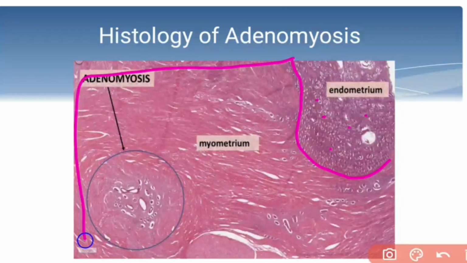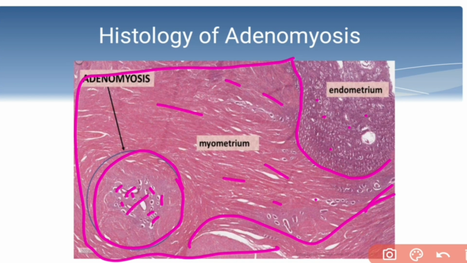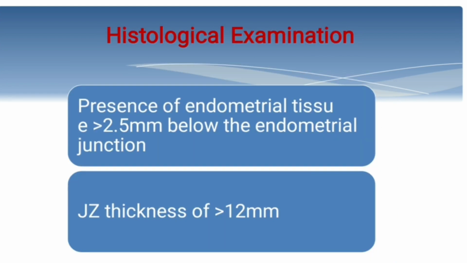This whole area is the myometrium, containing the muscle layer of the uterus, and there is presence of ectopic endometrial gland and stroma in the myometrial layer. And for diagnosis, what we learned from the previous slide, junctional zone thickness will be more than 12 millimeter and presence of endometrial tissue below 2.5 millimeter.